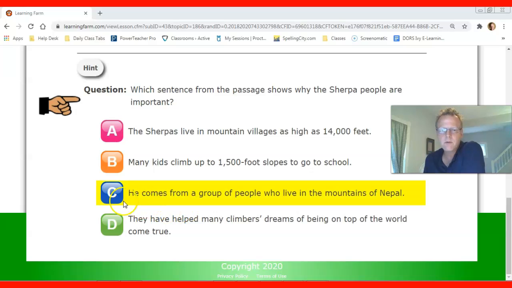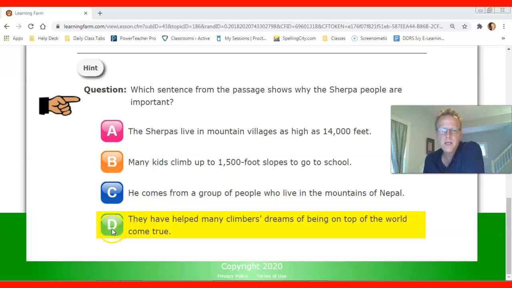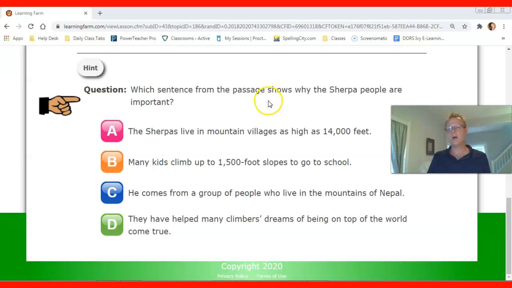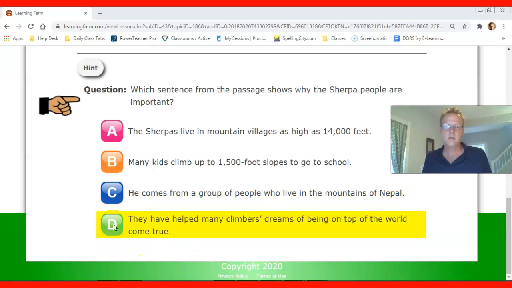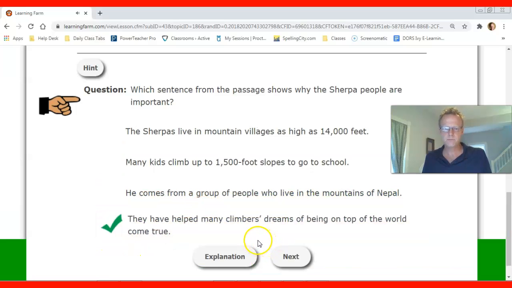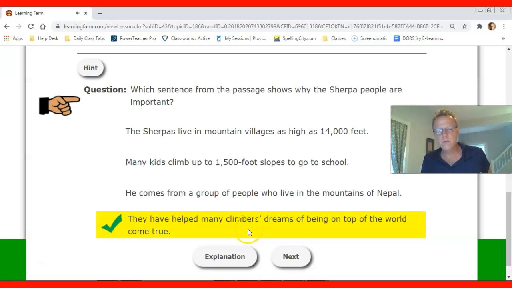C, he comes from a group of people who live in the mountains of Nepal. D, they have helped many climbers' dreams of being on top of the world come true. So again, which sentence shows why the Sherpa people are important? The answer is D.